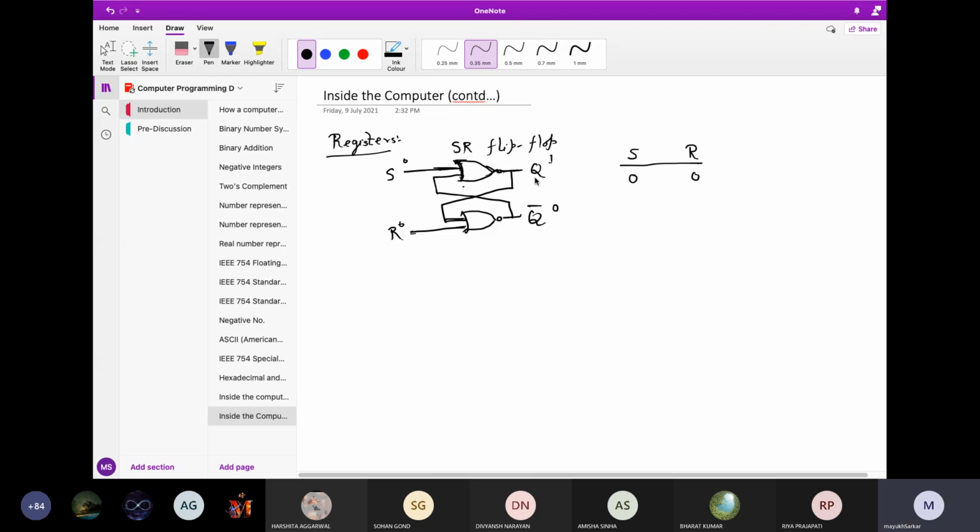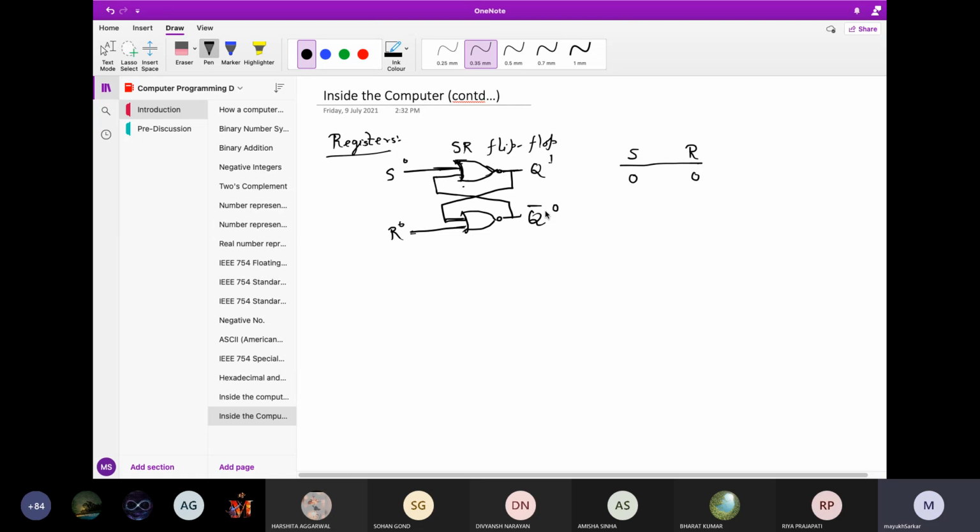So observe that it is somehow in a deadlock. It is not getting out of the state. If S and R are forever in the state 0, Q will forever be in the state 1, and Q bar will be forever in state 0.